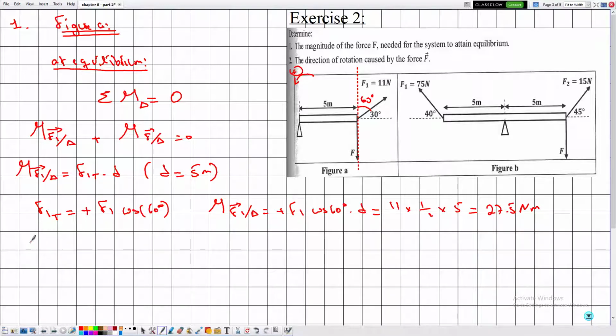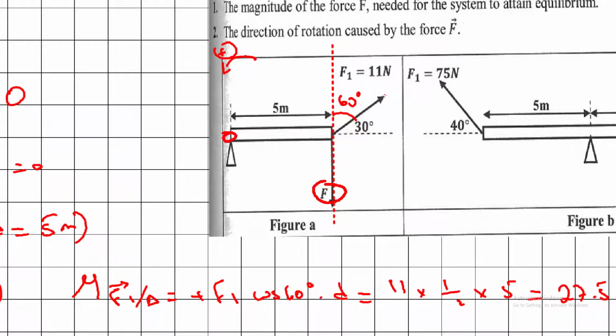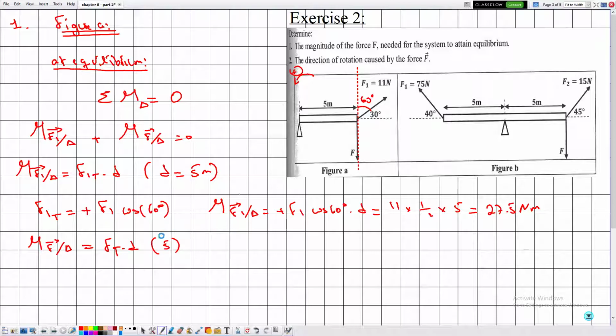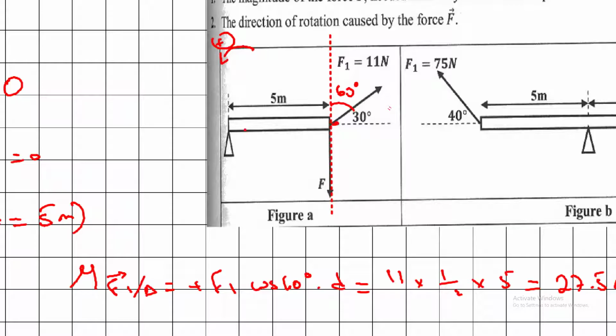Now as for the moment of the force F produced on delta, it is F tangential multiplied by D, and in this case the distance between F and the axis of rotation is 5, which is this distance. The distance from the point of application to the center is given by 5.